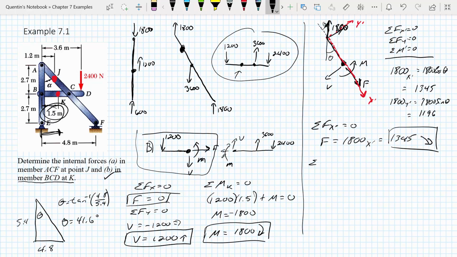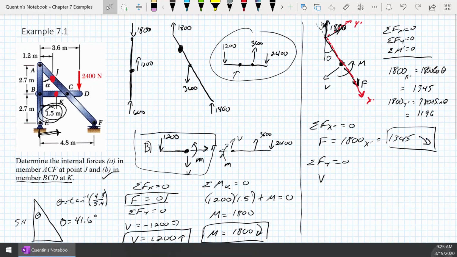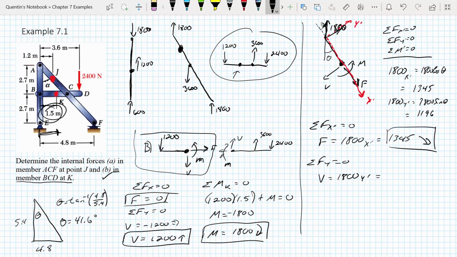Sum of my forces in y equals 0 is going to tell me that the V is in the negative. So again, the ups equal the downs, equal to 1800 in the y prime, which is equal to, or in that direction.